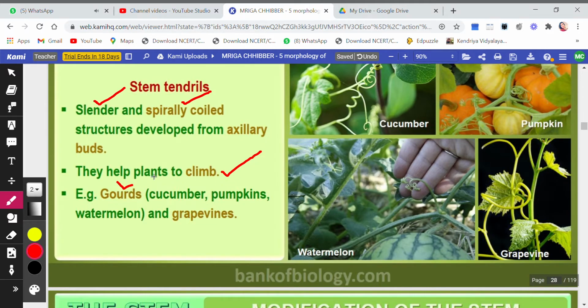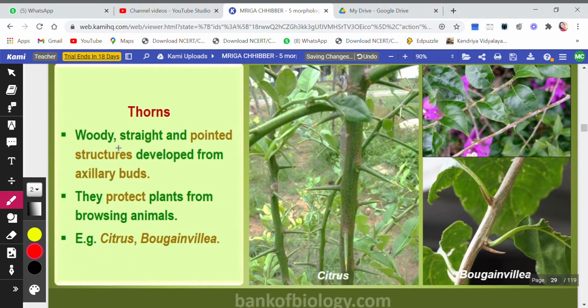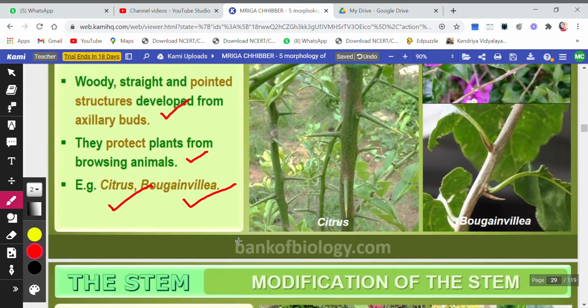Examples: gourds, cucumber, pumpkin, watermelon and grapevines. Then thorns, woody, straight and pointed structures developed from axillary buds. They protect plants from browsing animals. Of course, animals will not come near such plants which have such big thorns. Examples are citrus and bougainvillea.